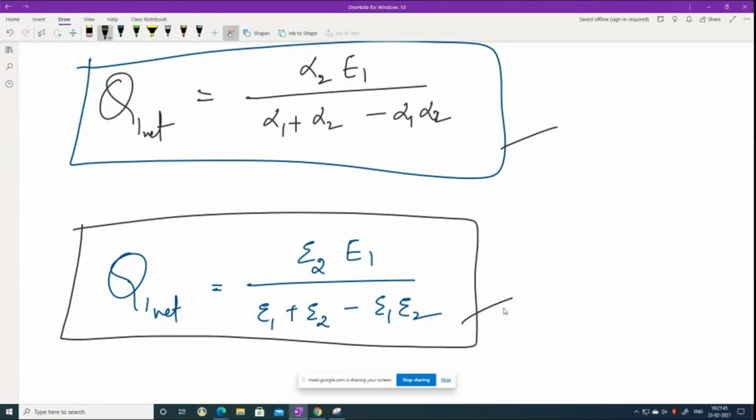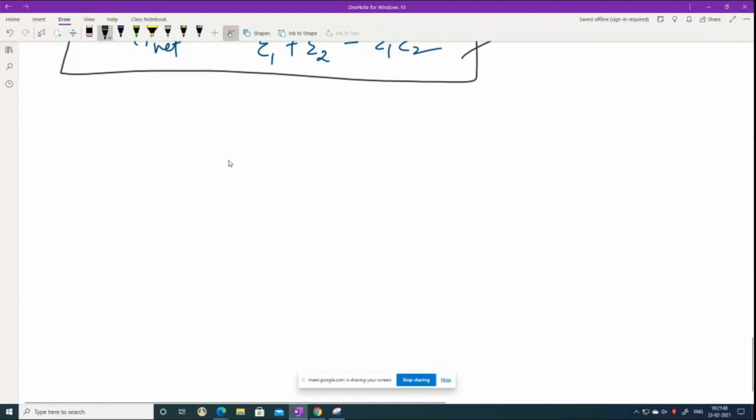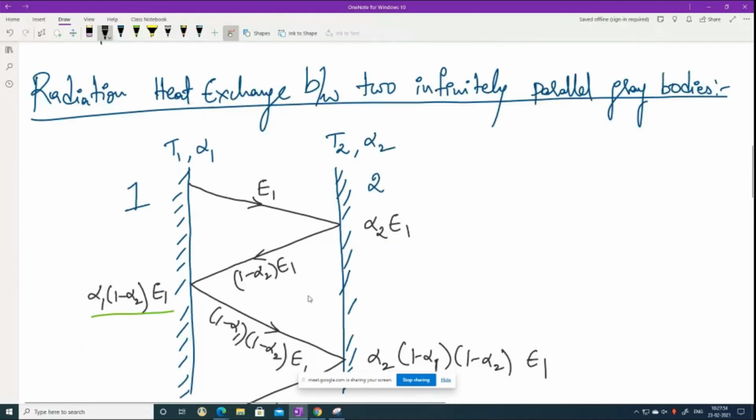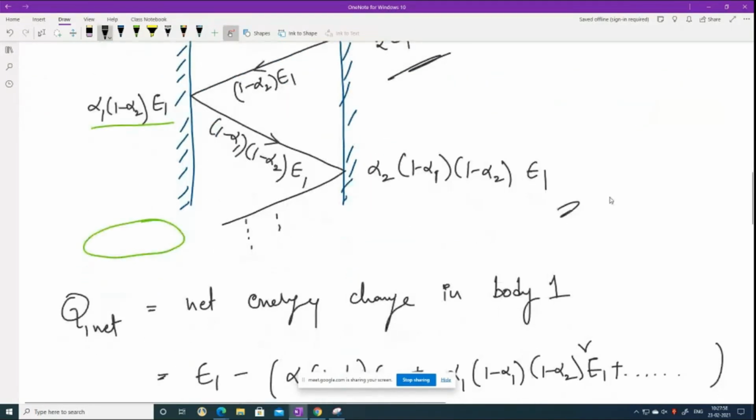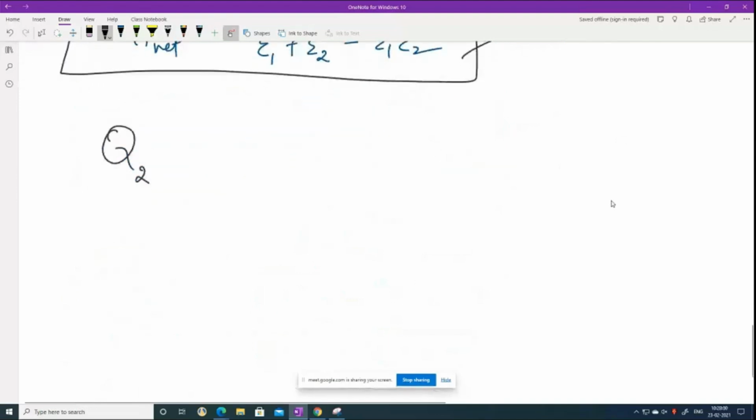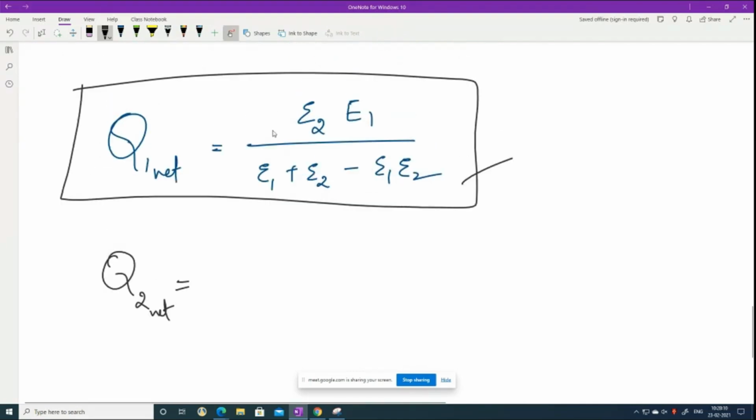Similarly, you can write for Q2 also. You will get the same kind of derivation. On the Q2 side, you take the sum of these terms, this one and this one and so on, or you follow a different kind of procedure, whatever may be the case. What you get ultimately is Q2 similar to your Q1 net.